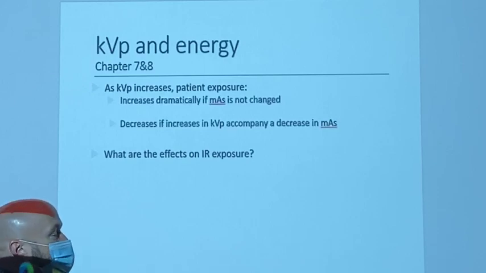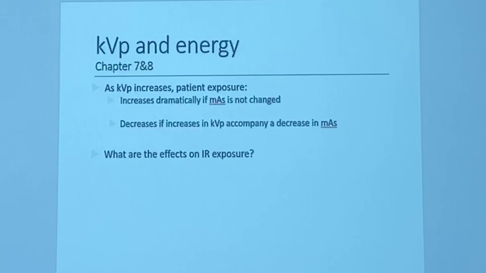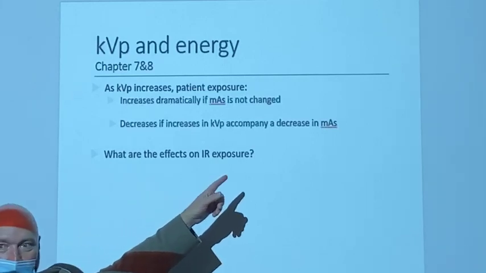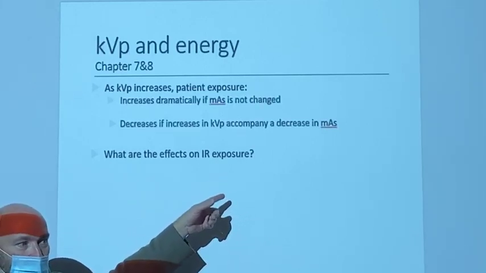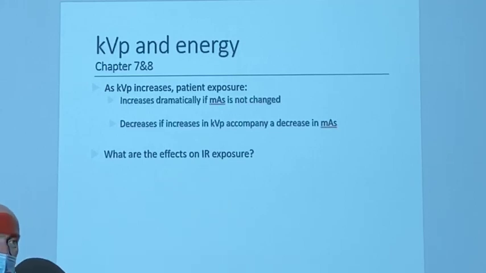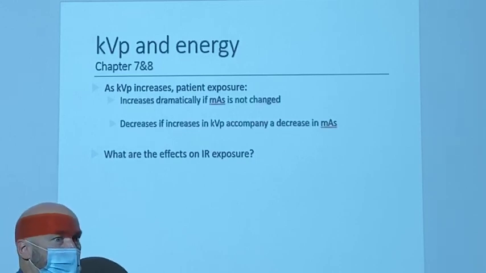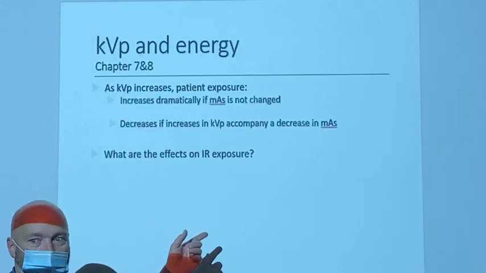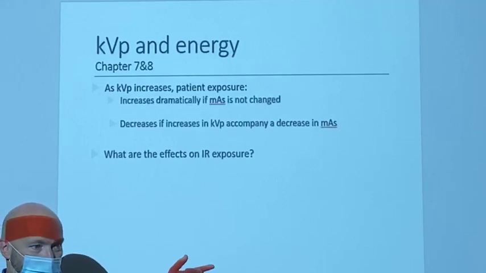But if you increase your KVP by 15%, and decrease your mass by a factor of 2, you cut your mass in half, then what you should be doing, and that's truly your 15% rule, is you're saving patient dose while maintaining image receptor exposure, okay? So where your dose to the patient goes down using that 15% rule, increase your KVP by 15%, reduce your mass by a factor of 2, your image receptor exposure should remain the same, okay?